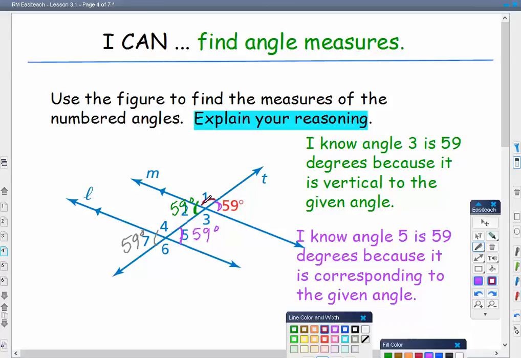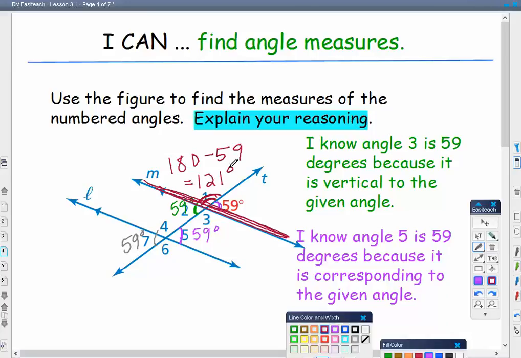I know angle 1 is supplementary to the given angle. These two angles are going to make 180 degrees. So I can find angle 1 by taking 180 and subtracting 59. 180 minus 59 would be 121. So this is 121 degrees.